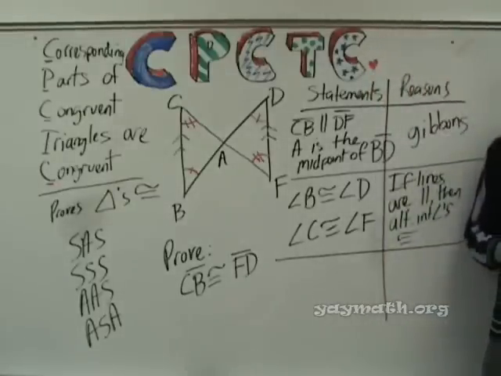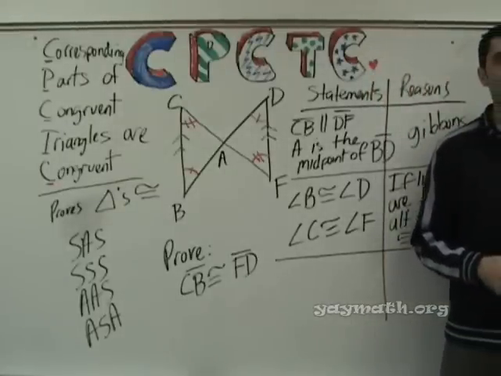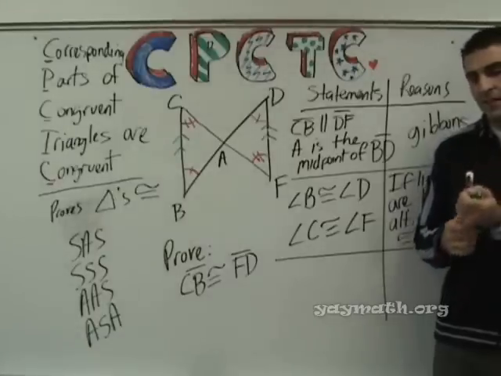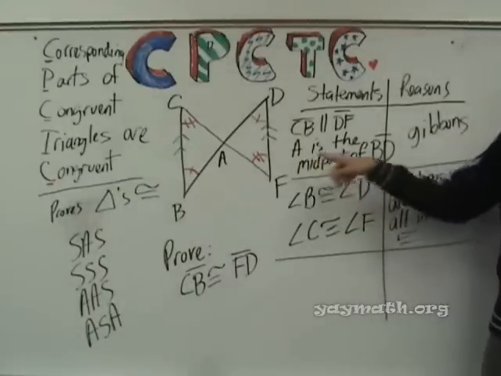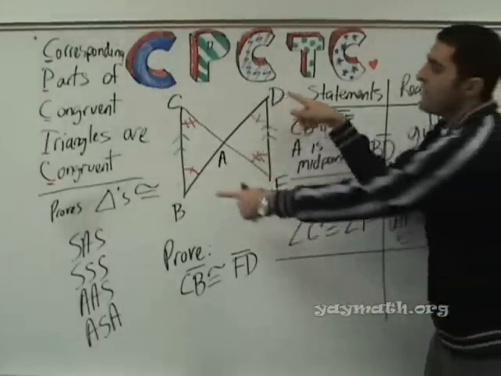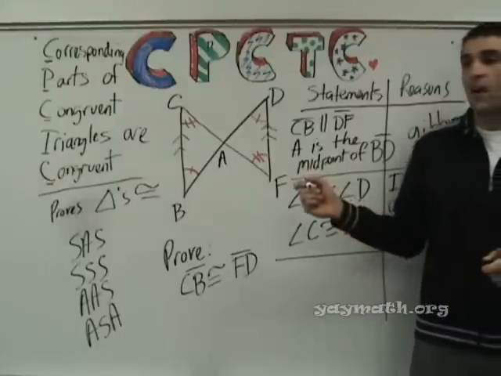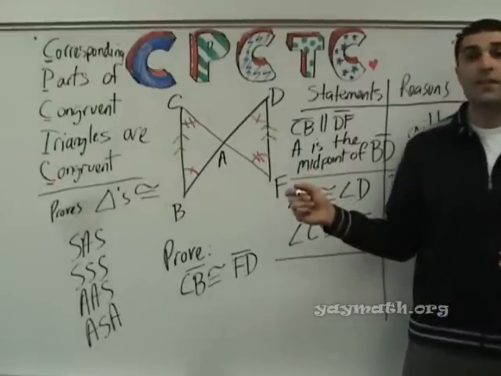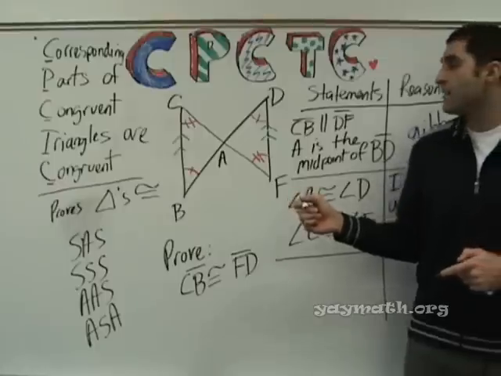Okay, so while we're on the topic, we heard the midpoint one. If A is the midpoint of BD, A is the middle of BD, that means A cuts BD into two pieces. Those two pieces are equal. What are their names? BA and DA.